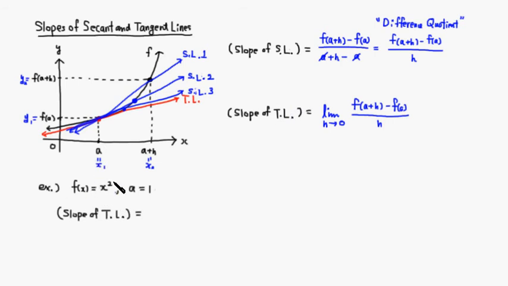Let's look at a really simple function, just a quadratic function, x squared, and let's try to find the slope of the tangent line at x equals 1.